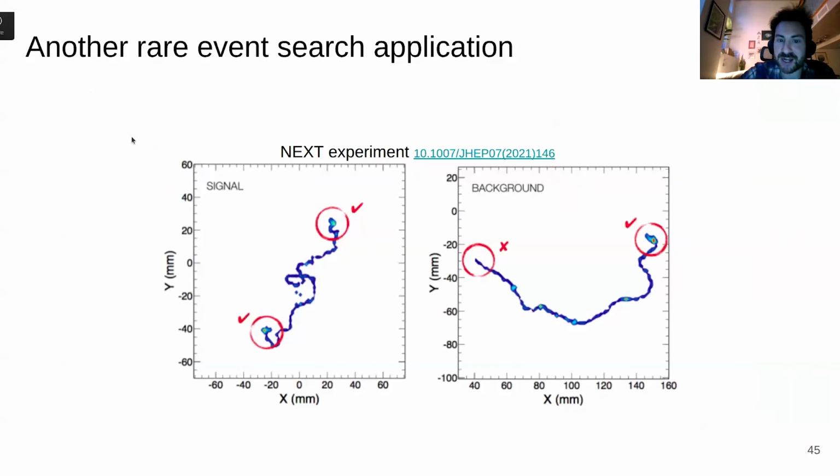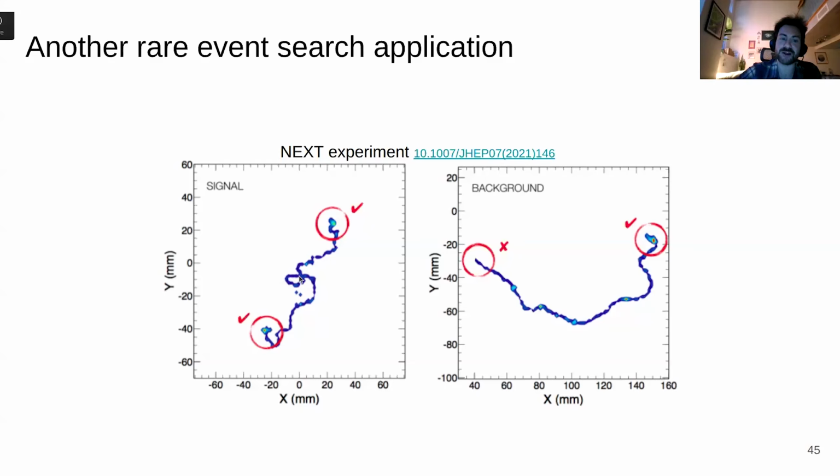One application where this could be done, without going into any detail; I'll hopefully post these slides so you can look at this on your own time. Neutrinoless double beta decay is one example. There are certain experiments like NEXT, and I think PandaX-III might no longer be funded, but NEXT is a gas TPC experiment that tries to visualize neutrinoless double beta decay events.